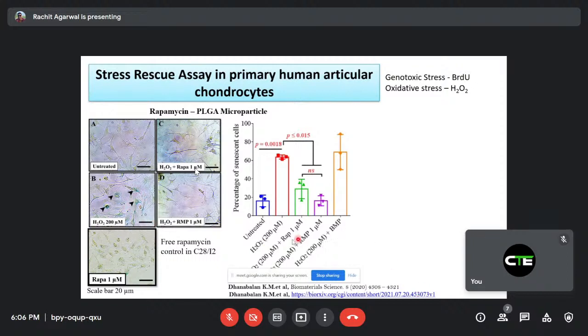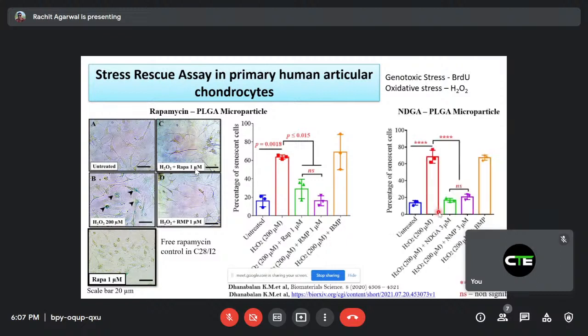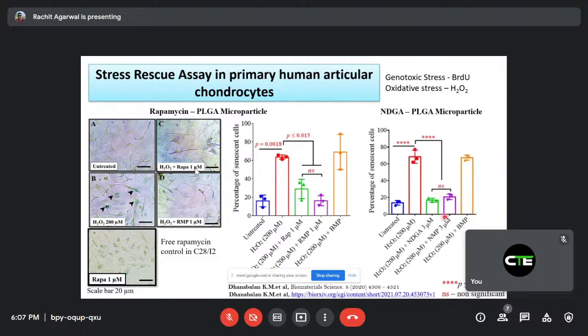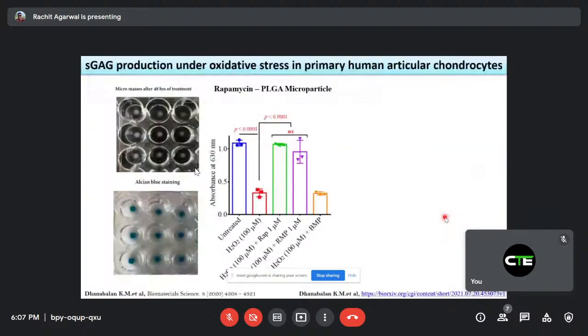And what we do find is both the free drug as well as particle-encapsulated drug prevented senescence. This is untreated, very low level of senescence. With oxidative stress, it goes up, and it again comes down if you co-treat with these particles. And again, very similar results for NDGA as well.